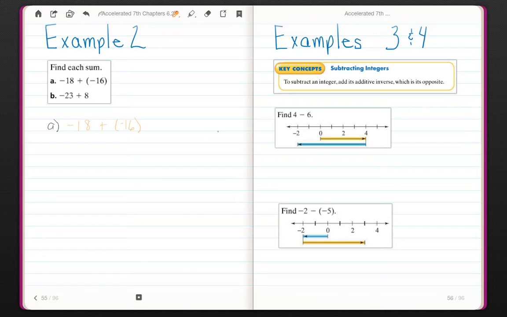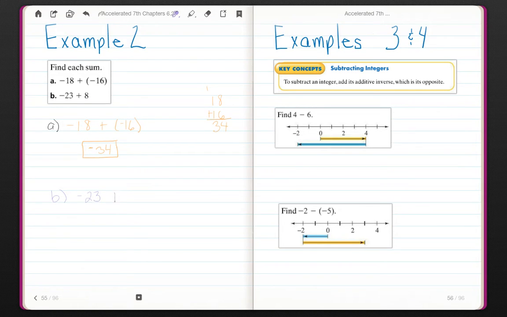So I'm going to come over here to the right side of my paper as my scratch paper and add 18 plus 16. 6 plus 8 is 14. 1, 2, 3. So I get 34. They're both negative, so I keep that negative sign. So -18 plus -16 is -34. Okay, B.